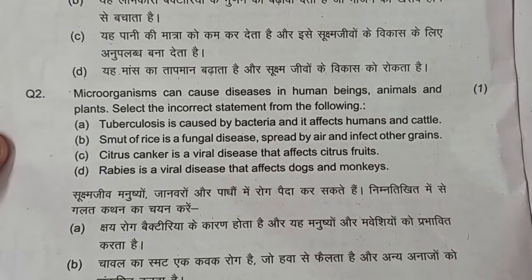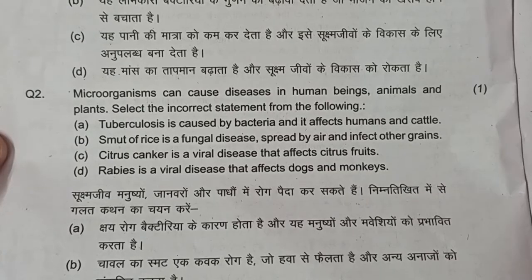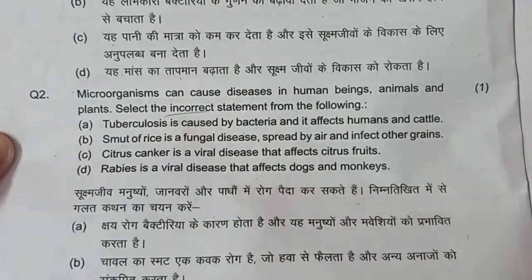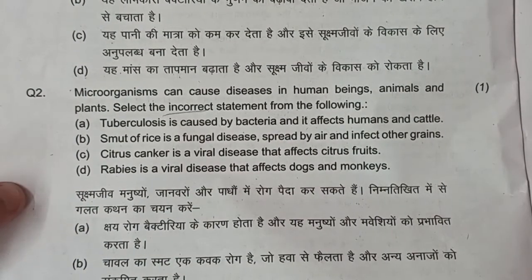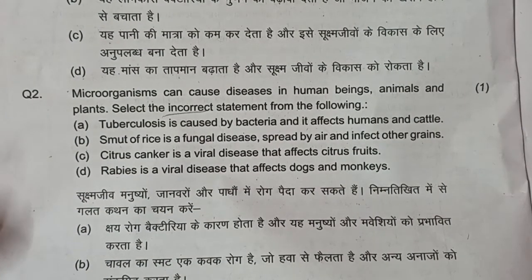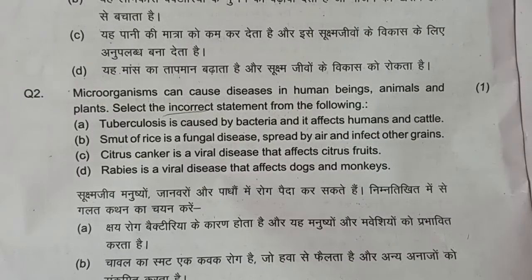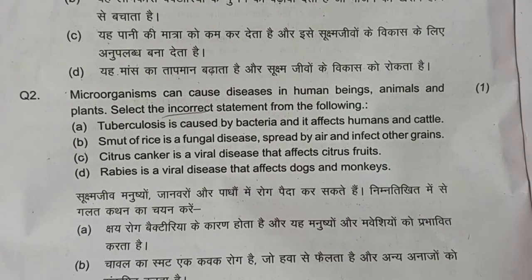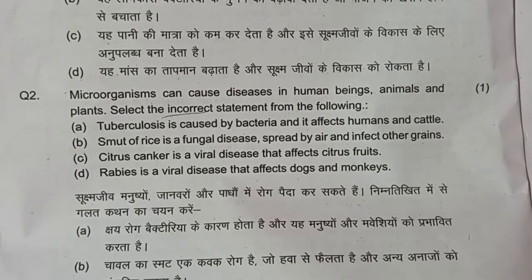Question number 2. Microorganisms can cause diseases in human beings, animals, and plants. Select the incorrect statement. Tuberculosis is caused by bacteria and it affects humans and cattle. It's correct. Smut of rice is a fungal disease spread by air and infects other grains. It's also correct.